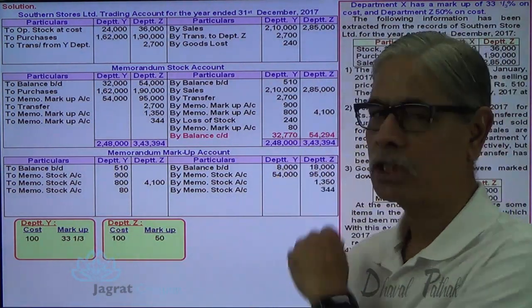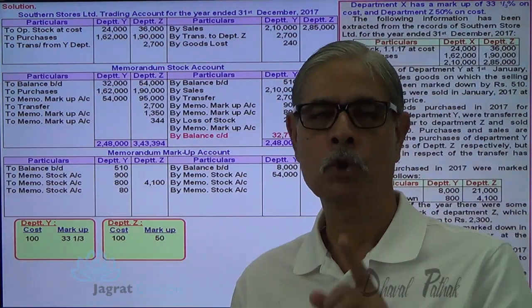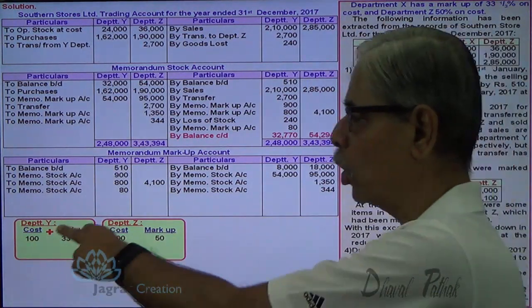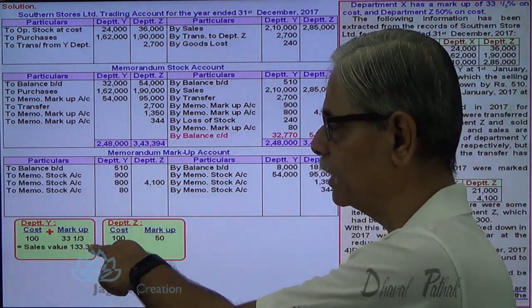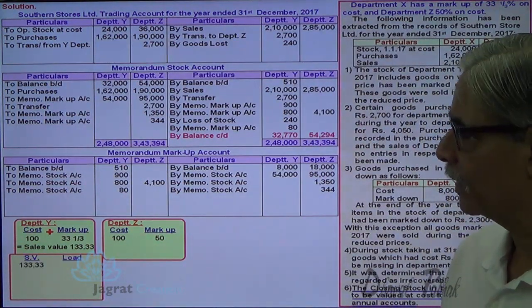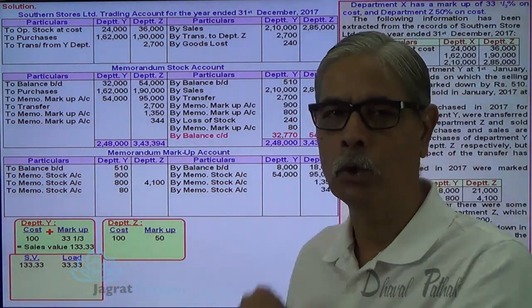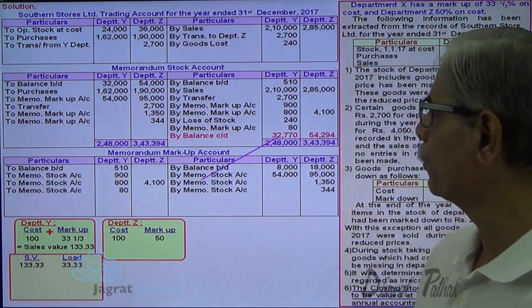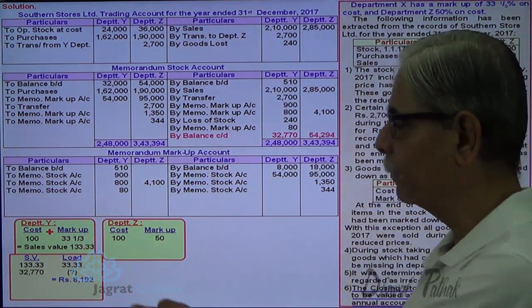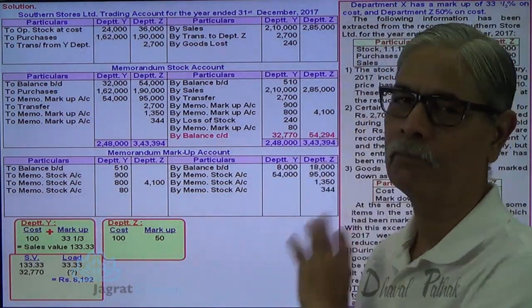It is not cost plus profit value. So cost plus markup value works out to be 133.33. If 133.33 is the sales value, then load or profit is 33.3. How much for 32,770? So here you will get the profit element in this markup value.